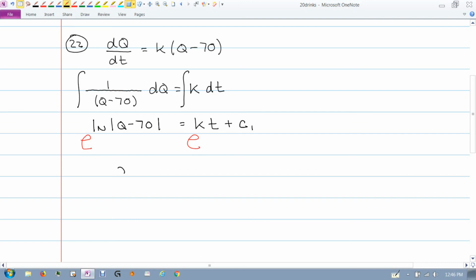So we get just Q minus 70 on the left equals e to the kt times e to the c1. And remember, this right here is just some constant. So let's just throw it in front as a constant and get rid of it in the back. And then we can add 70 to both sides if we wanted to, or just leave it like that. Doesn't matter.